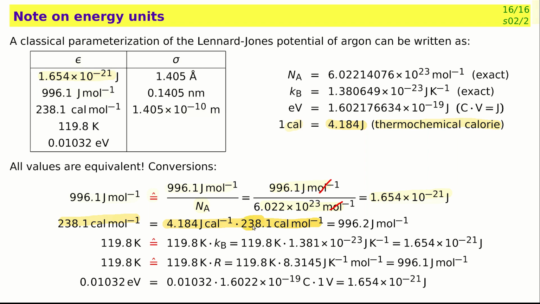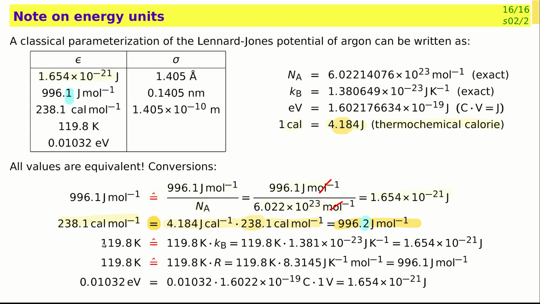Just multiply by the conversion factor here. There is a small difference because of rounding. Don't worry about this. Here I can write the equal sign because it really is equal. It's just the same quantity in a different unit.